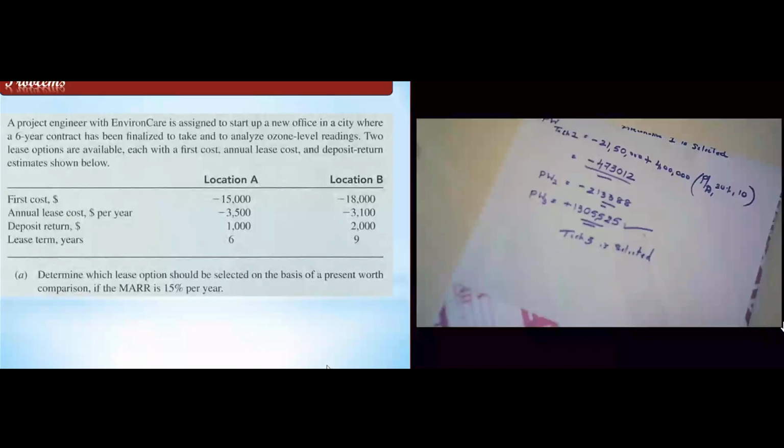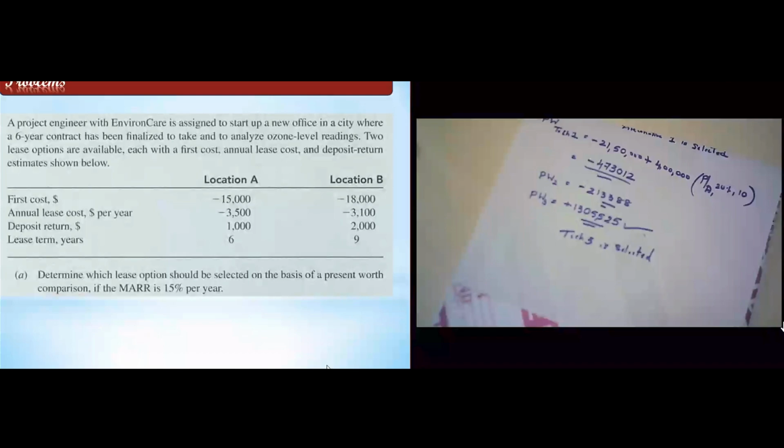At the end of the 6th year, location A's term will be completed, but according to our analysis we will extend it up to 18 years.